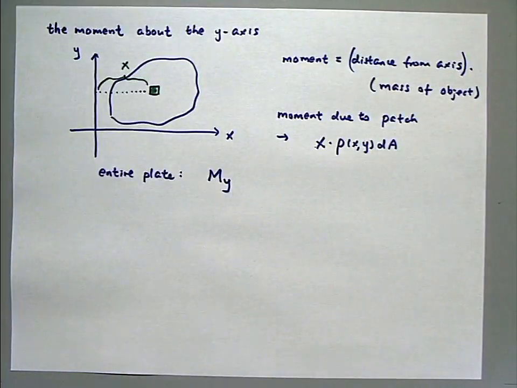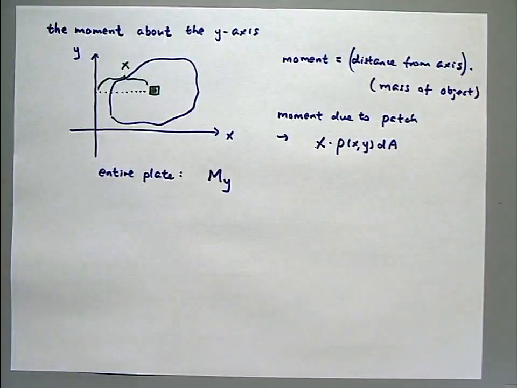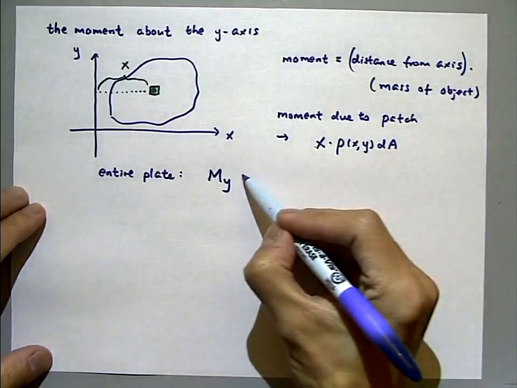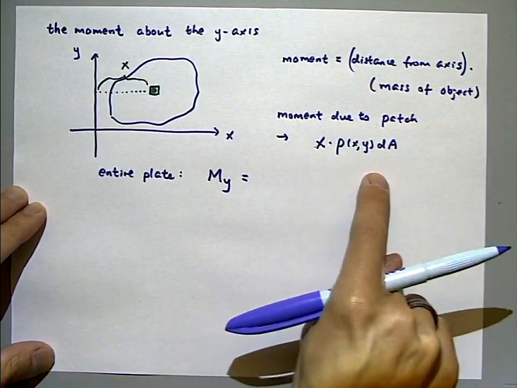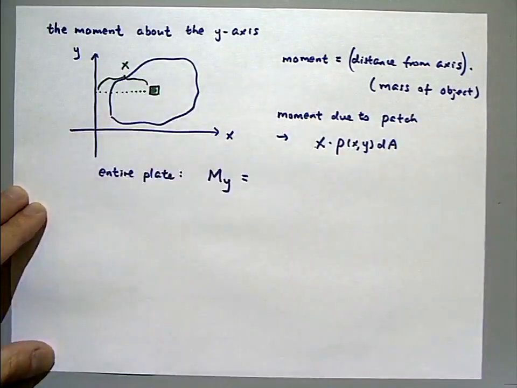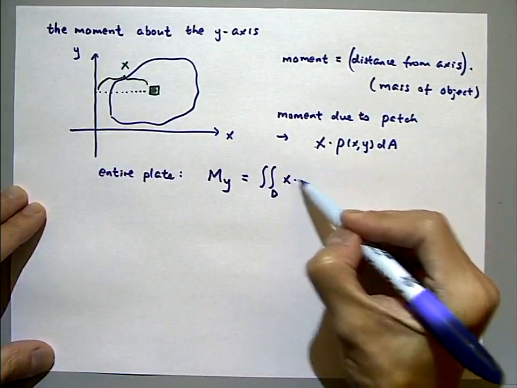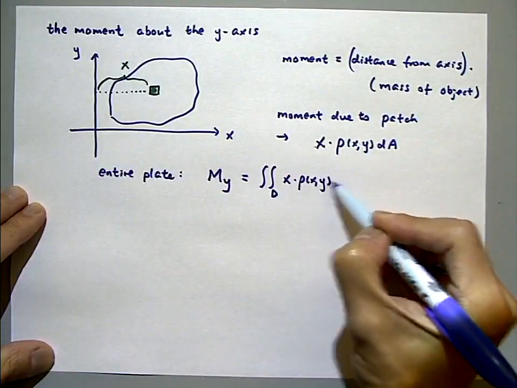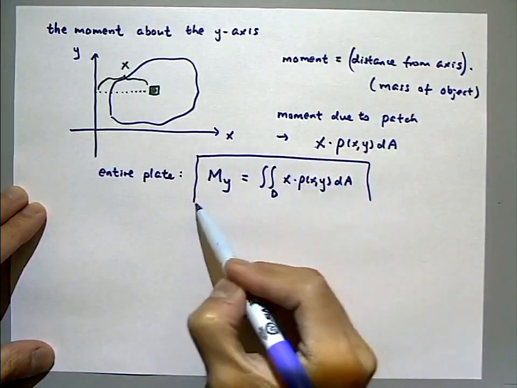In other words, this thing's going to start tilting around the y-axis if you let it go, right? And moment measures the rotation about the y-axis. And once again, you take the moment due to one patch, then you integrate over the entire region. So double integral over D of x rho of x y dA. So that's the moment about the y-axis.